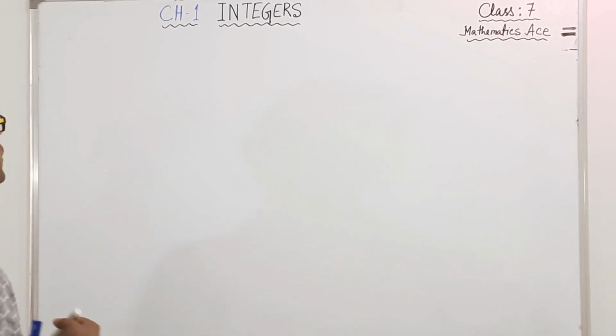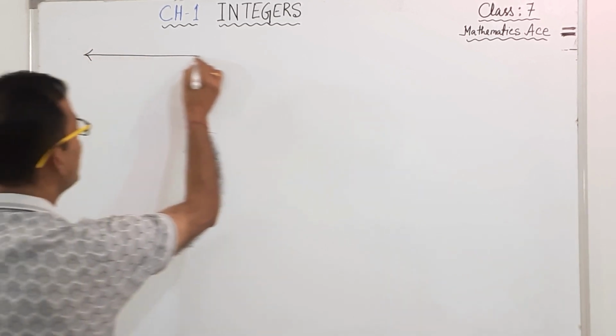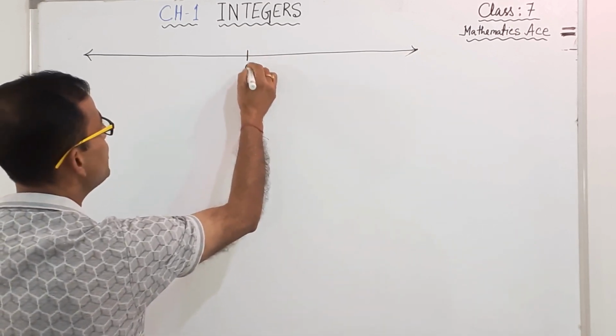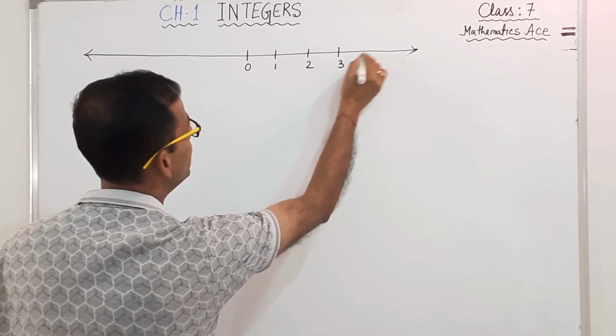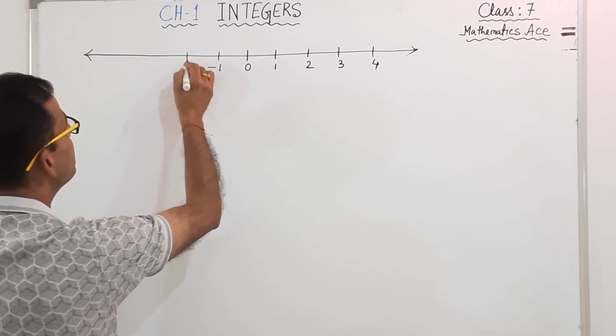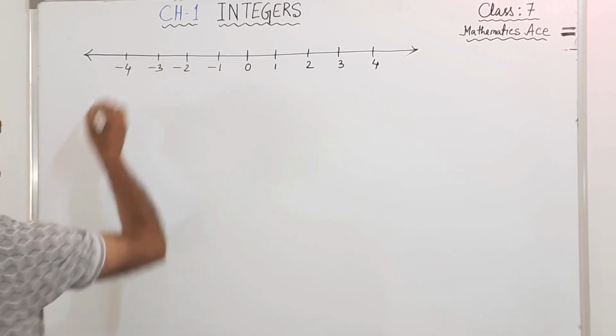We finished the last part, that is the introduction part, the number line. So this is 0, 1, 2, 3, 4, and minus 1, minus 2, minus 3, minus 4, going on like this.